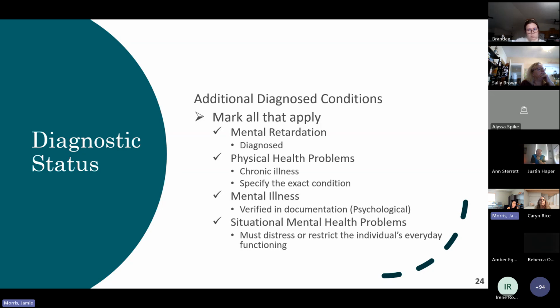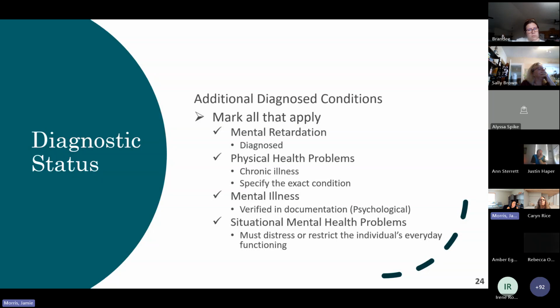So for physical health problems, in order for this one to be considered as an additional diagnosis, we know that it has to be something that is requiring medical care from a nurse or physician, and that there's a prescription associated with it. And so we would consider these chronic illnesses, and we're going to specify what that illness is. On number 10, there is a line that you can use. Some of those might be heart problems, blood pressure problems, digestive, respiratory, skin, diabetes.